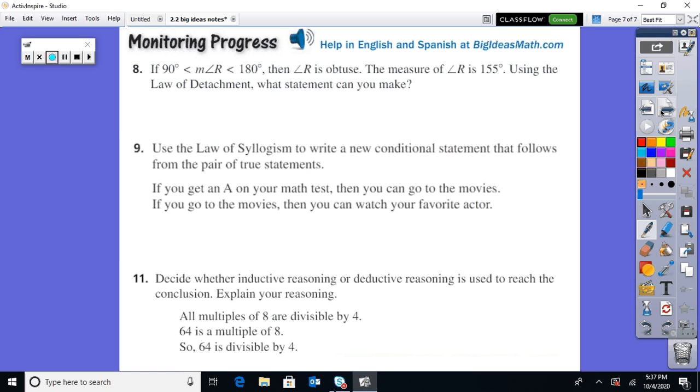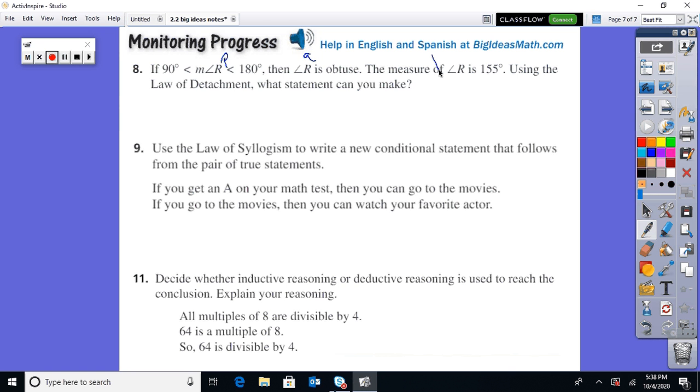All right, welcome back. So here we go. Using the law of detachment, what statement can we make? If 90 degrees is less than the measure of angle R, which is less than 180 degrees, then angle R is obtuse. So P, Q, and then they tell us, look at this, the measure of R is 155.